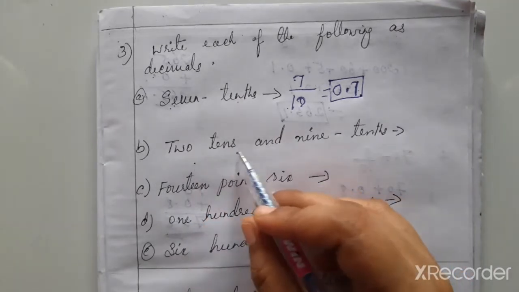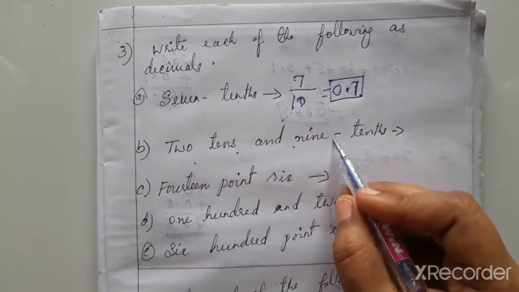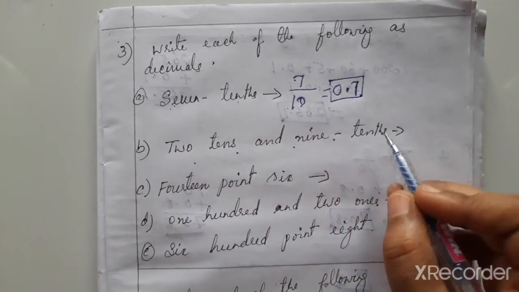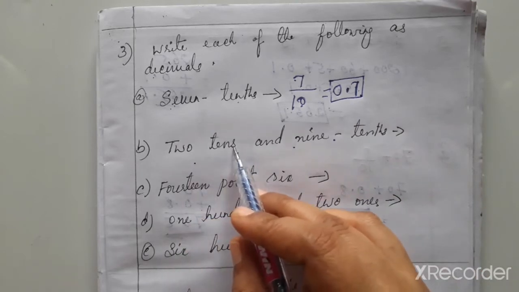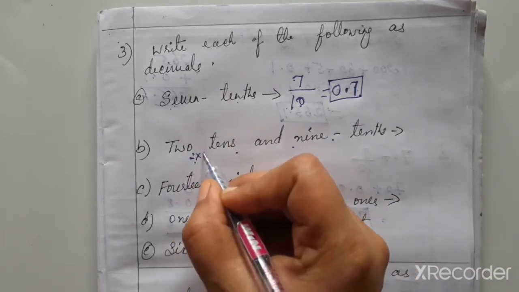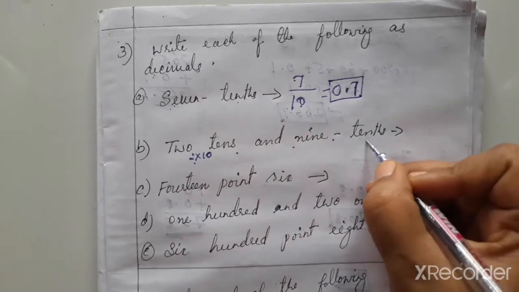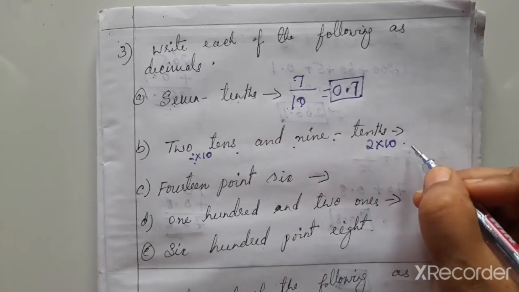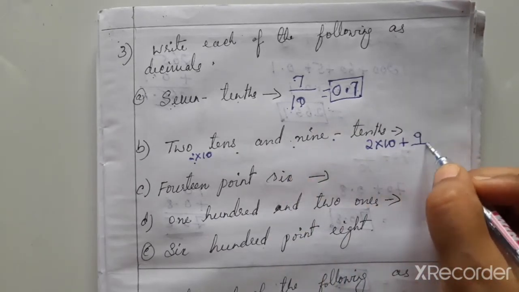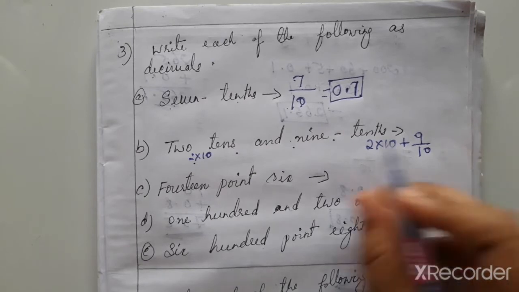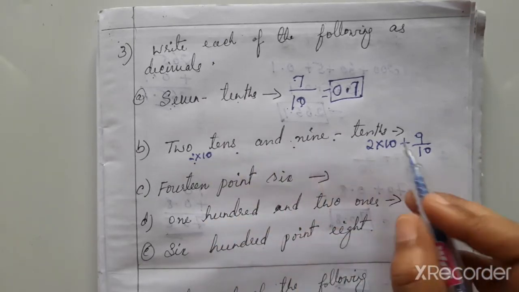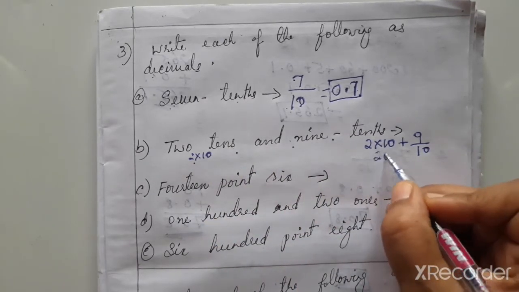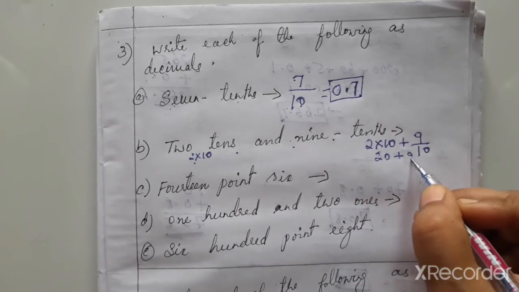Now 2 tens and 9 tenths. 2 tens means 2 into 10, so 2 into 10 and 9 tenths, which means 9 by 10. 2 tens means 2 into 10, that is 20, plus 9 by 10.